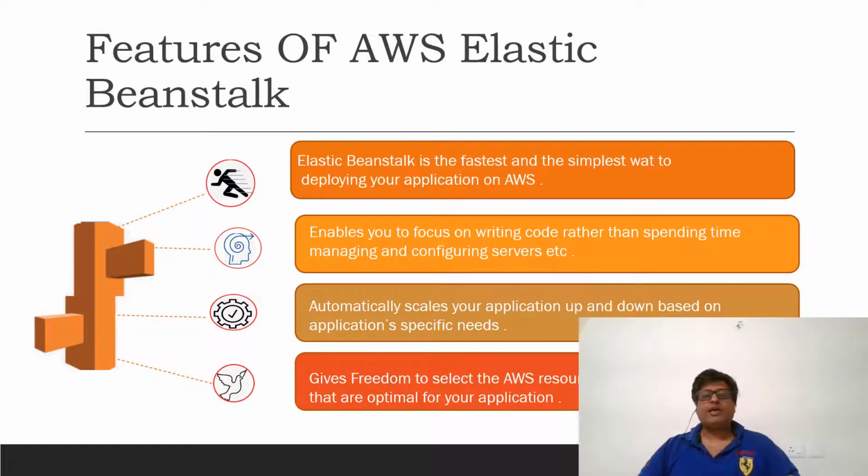Secondly, it enables you to focus on writing code rather than spending time managing and configuring servers. The third major point is that it automatically scales your application up and down based on the application's specific need. And the fourth point is freedom: it gives freedom to select the AWS resources, like the EC2 instance type, that are optimal for your application.